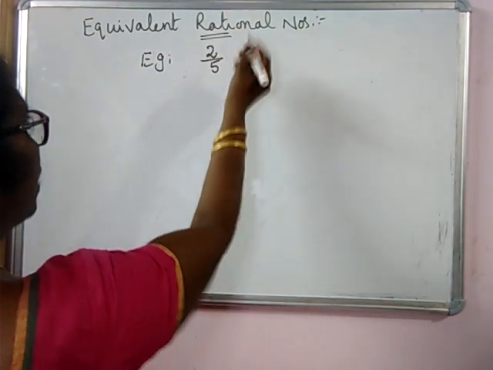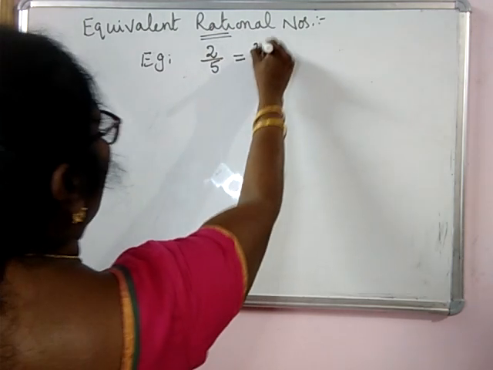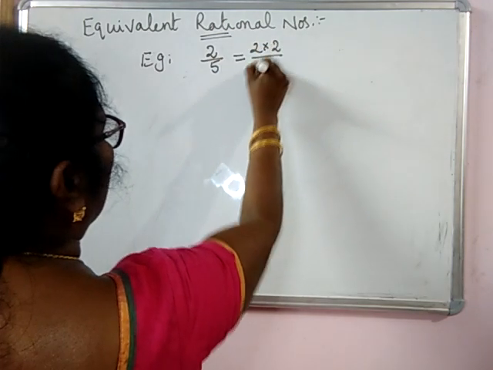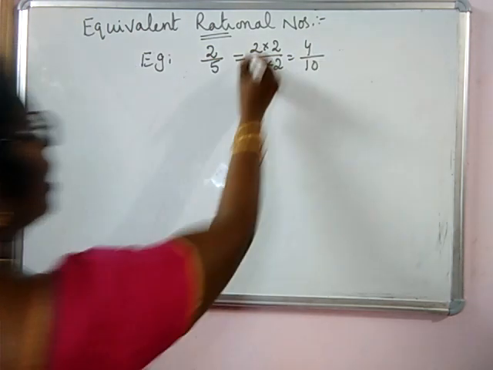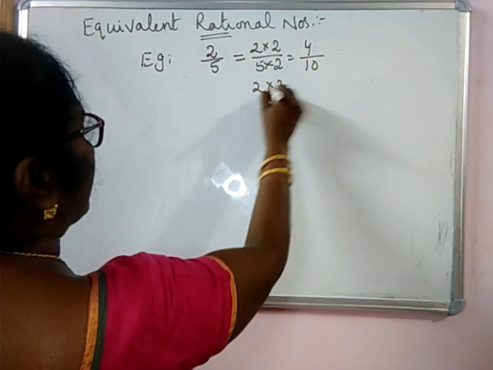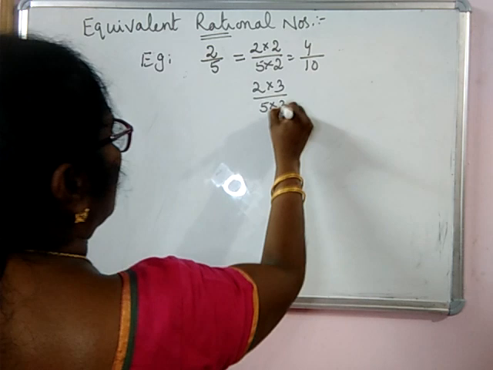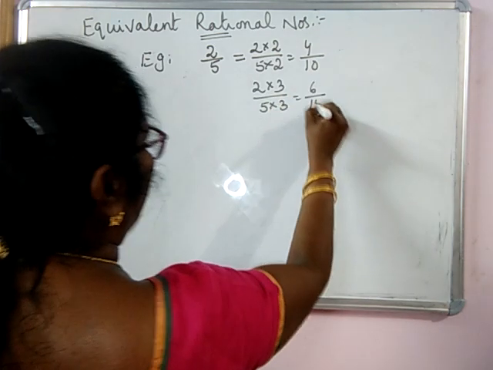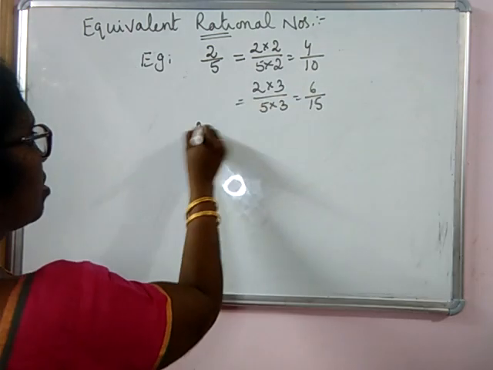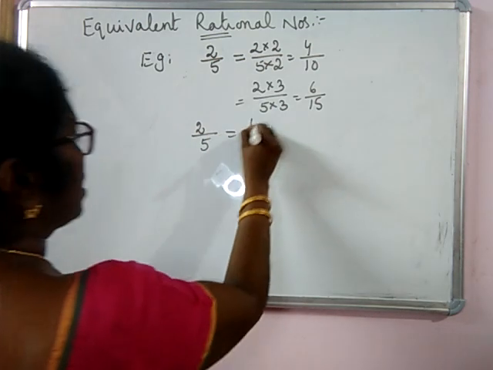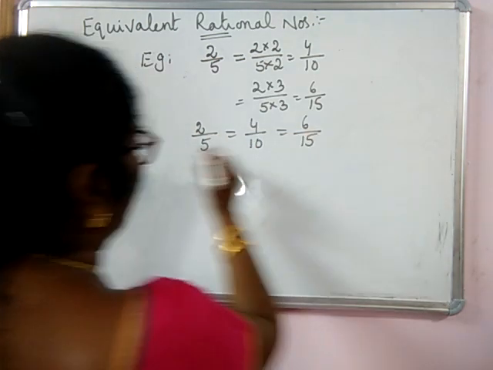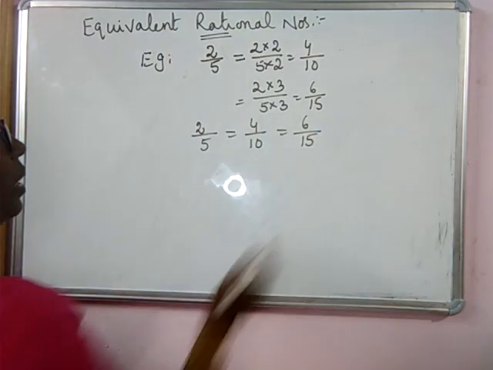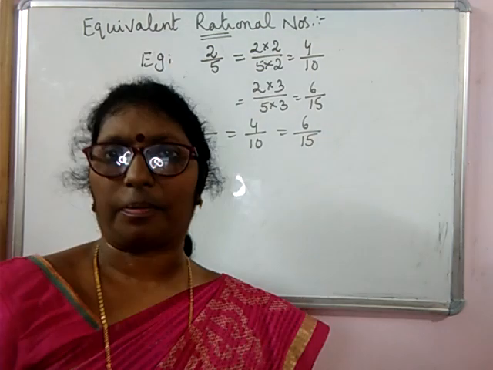Multiply both numerator and denominator by 2: 4 by 10. Multiply both by 3: 6 by 15. That means 2 by 5 is equal to 4 by 10 is equal to 6 by 15. So these are equivalent rational numbers.